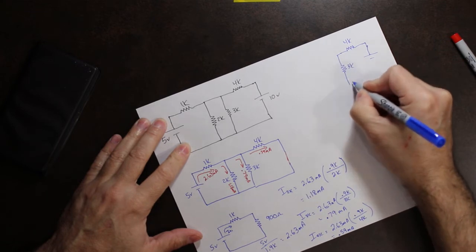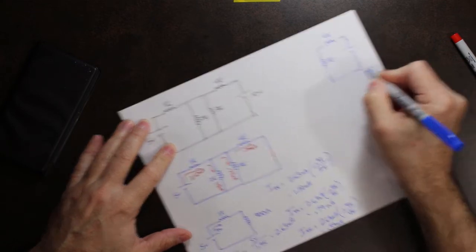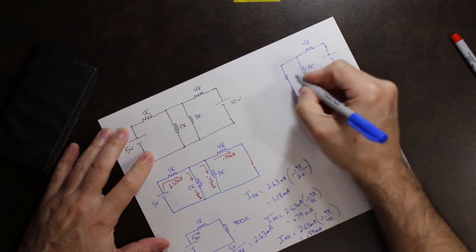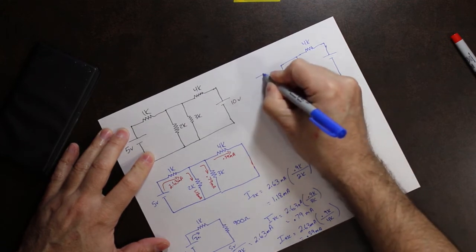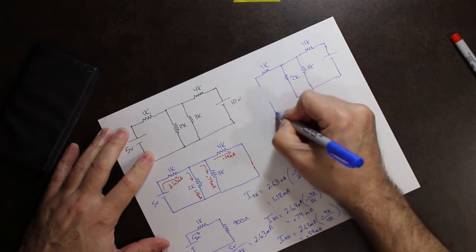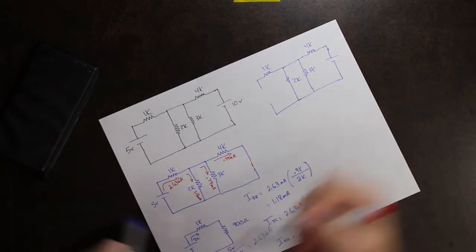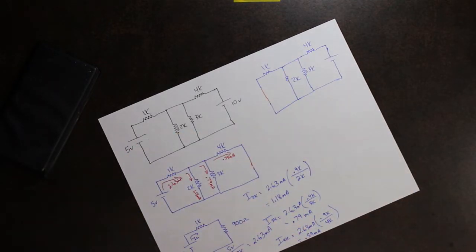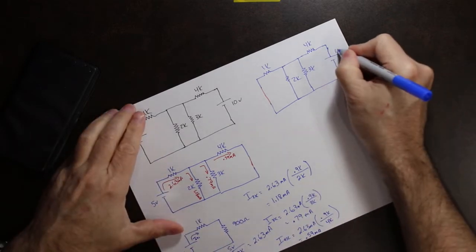That's the 3K. Here's the 2K. The 1K. And again, I'll just make a red line here. This is where we removed the 5-volt supply. So now this is 10 volts.